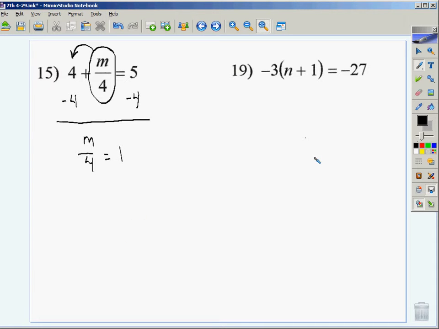What's happening to my m? It's being divided, so to get rid of division, I multiply, and I multiply both sides by 4. These would cancel out, leaving me just m. And 1 times 4 is 4.